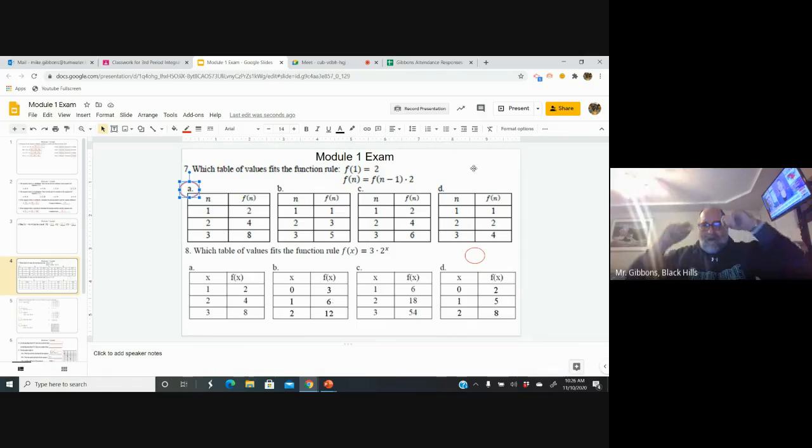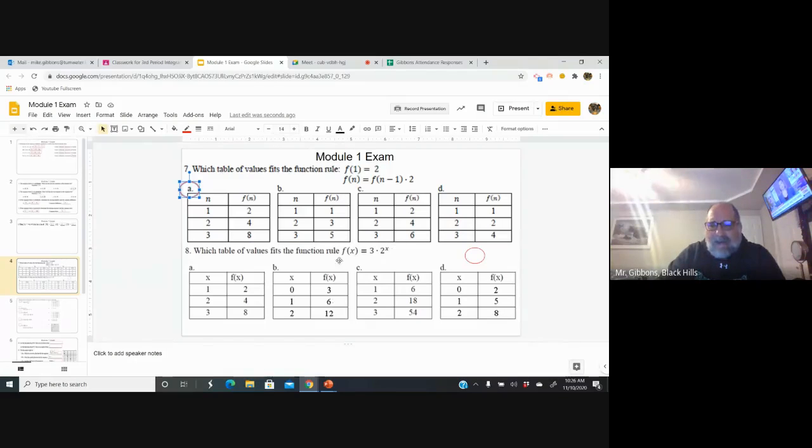All right, right on. So moving right along then. Now, number 8 is explicit. And this is an exponential function. And I know exponential functions are new to you guys, but we've been looking at them almost every day. And I hope this is really easy. You just got to know the parts right here. Okay?